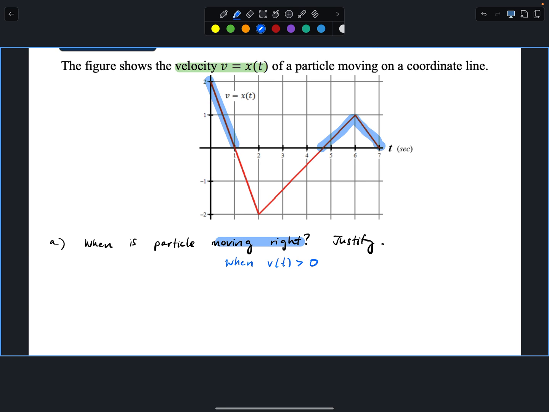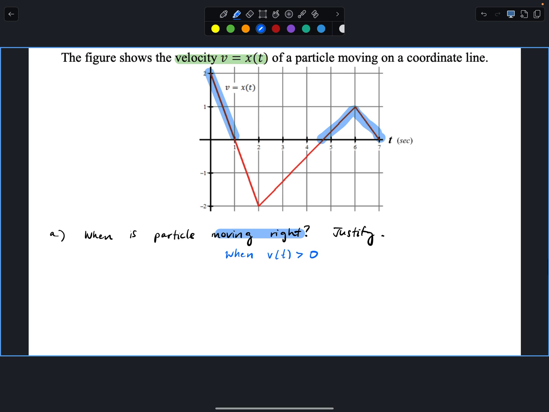Okay? So you would say the particle is moving right on the interval. Where does it start? Remember, time can't be negative. So do you guys agree it'll start at like 0 right here? So 0 to, when does it start to be negative?